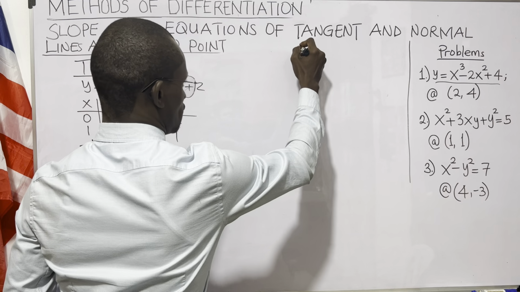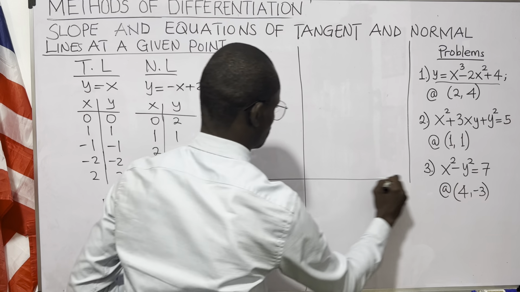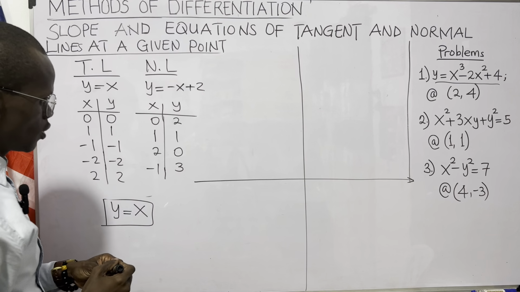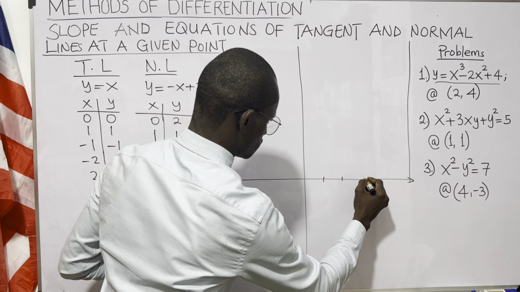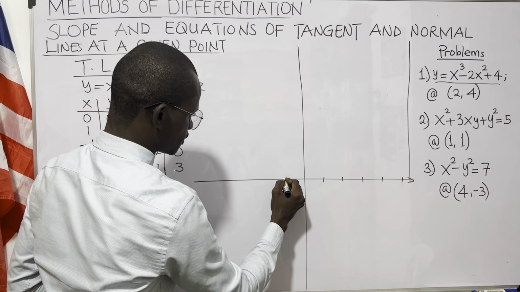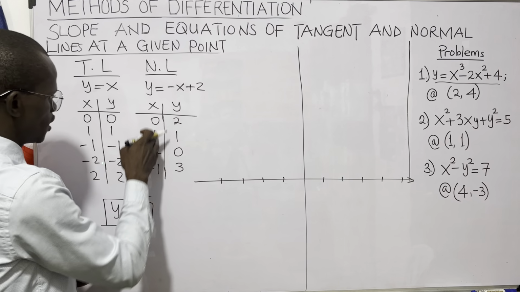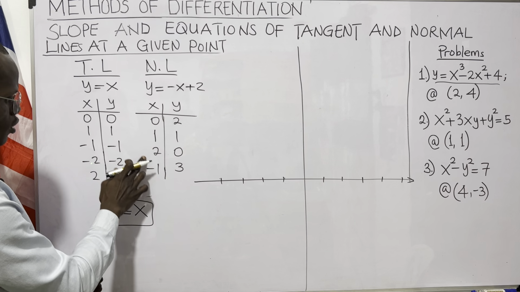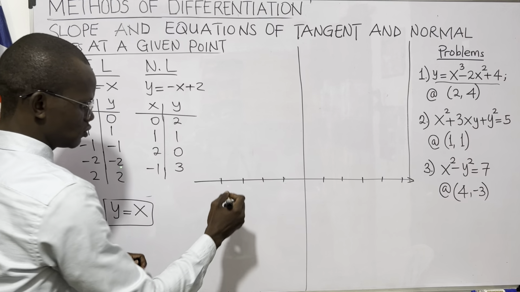If we have these two equations and we want to graph them, we can have some values on the x and y axis depending on the few values that we got. We got these values: 0, 1, 2, minus 1. We don't have to list too many values.